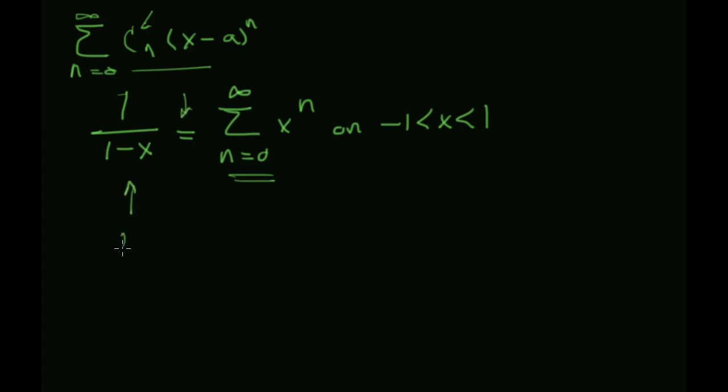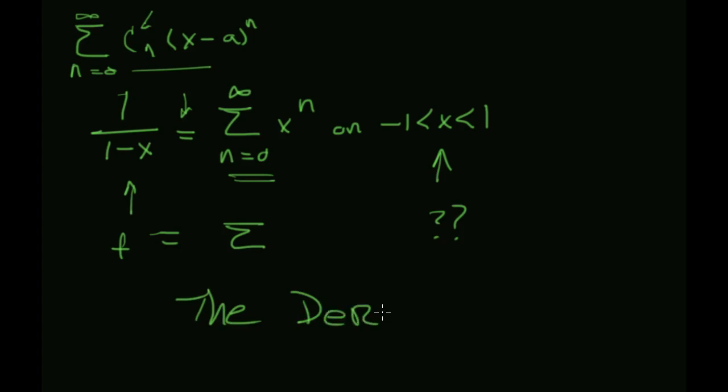If you give me a function, how do I get a series, and where do these two things equal each other? Okay, so the tool that we actually use to do this, of all things, is the derivative. That's kind of unexpected, but we're coming back into use of the derivative. So let's see how that plays out.